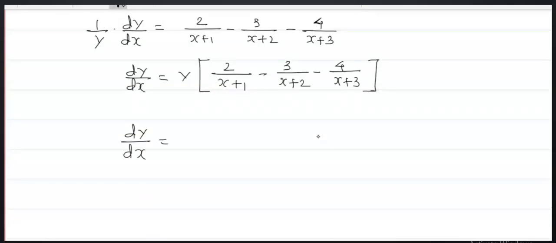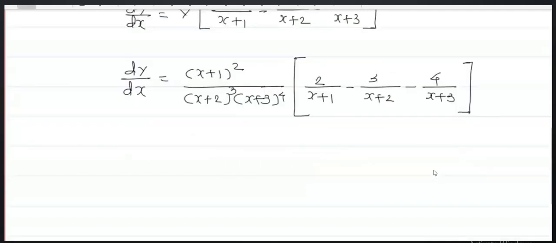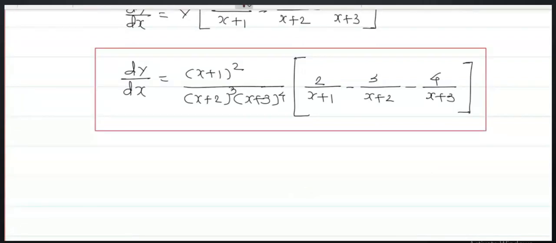Therefore, dy by dx is equal to x plus 1 bracket square upon x plus 2 bracket cube into x plus 3 bracket raised to 4, into 2 upon x plus 1 minus 3 upon x plus 2 minus 4 upon x plus 3. And here is the answer. Now see this again.